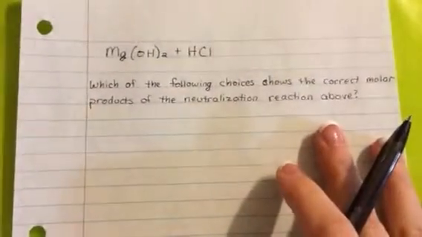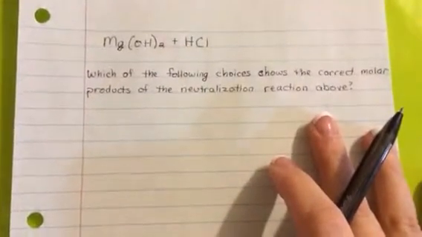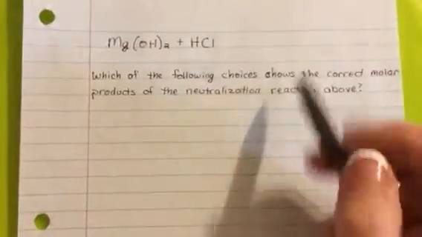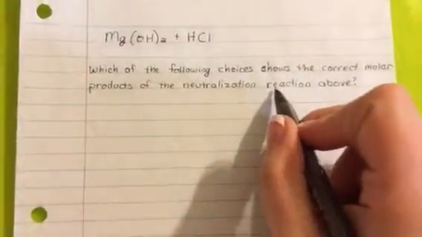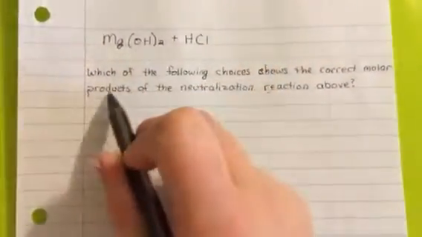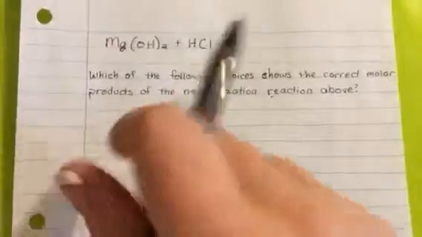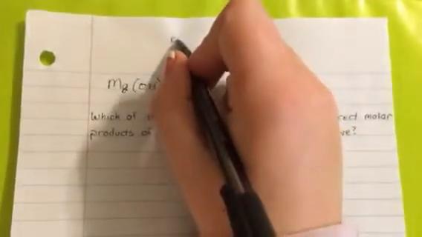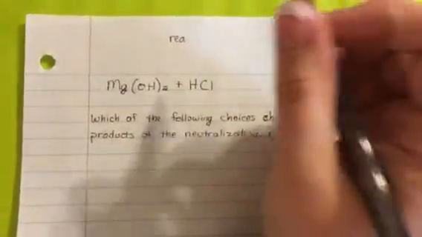Okay, basically, when we look at this question, all it's really asking is: in the reaction above, so this is the reaction that's happening, what are the products? Because we know in a chemical equation we have the reactants on this side of the equation.